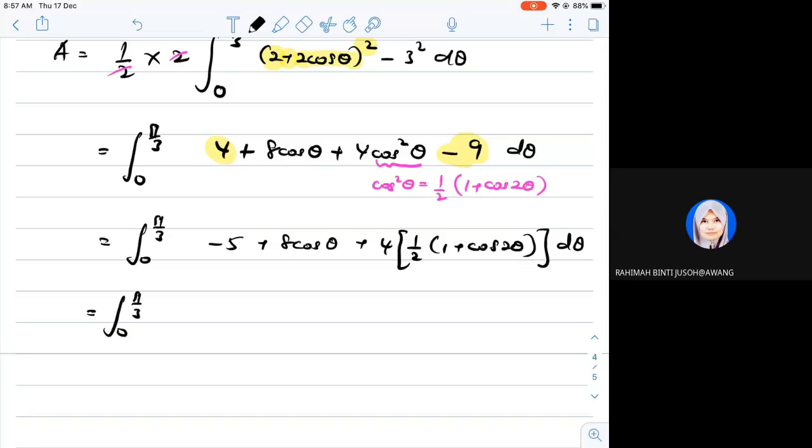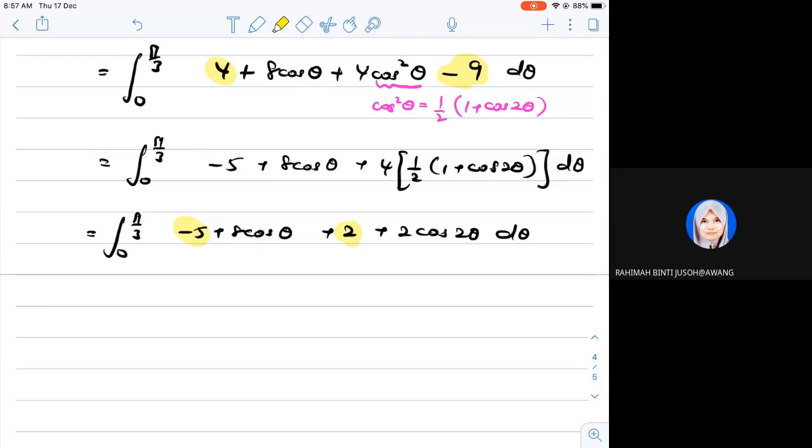We have from 0 to pi over 3, negative 5 plus 8 cos theta plus 2 plus 2 cos 2 theta, d theta. So now we can solve this. Negative 5 plus 2 becomes negative 3. Okay, so from 0 until pi over 3, negative 3 plus 8 cos theta plus 2 cos 2 theta.